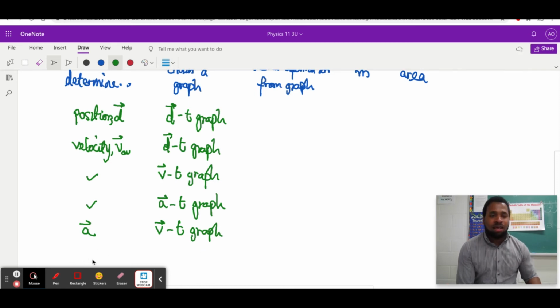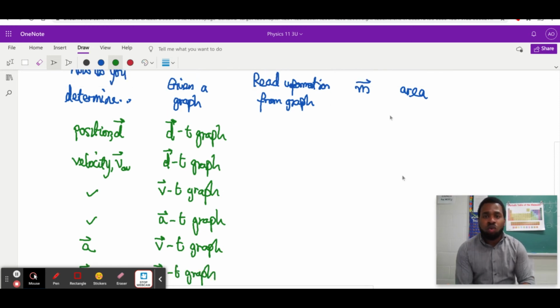And finally is when you're asked to determine the acceleration, but you're given the acceleration time graph. So which one of these three applies to determining position, velocity given the position time graphs?